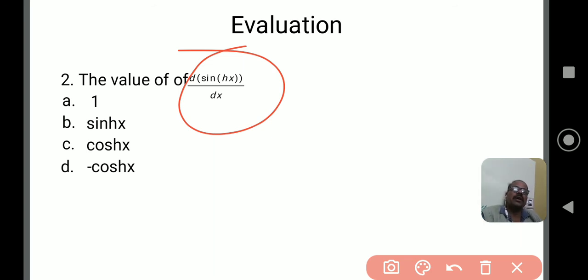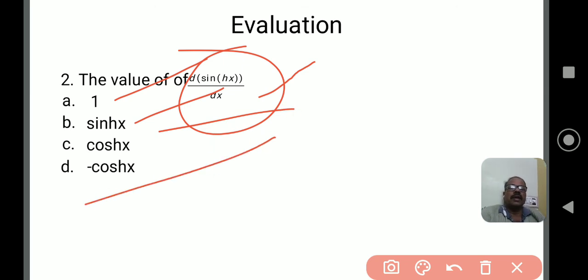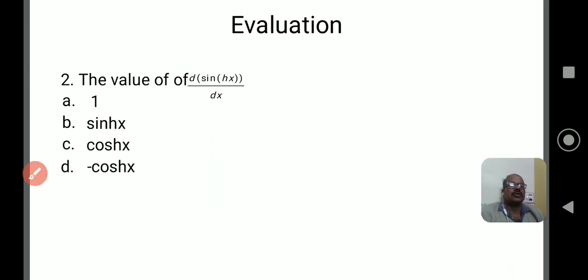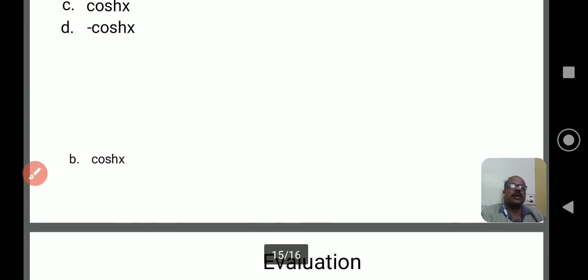But in the normal trigonometric functions, sin x differentiation is cos x and cos x differentiation is minus sin x, which you cannot get with hyperbolic functions. The options are: A is 1, second option is sin hyperbolic x, third option is cos hyperbolic x, fourth option is minus cos hyperbolic x. Remember the differentiation of sin hyperbolic x is always plus cos hyperbolic x. The solution is cos hyperbolic x.